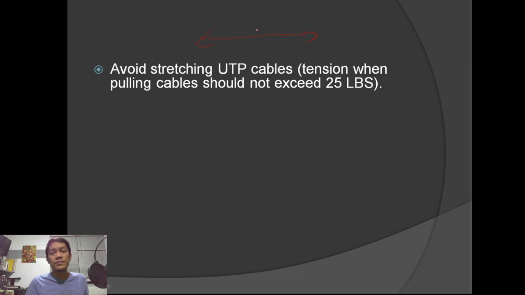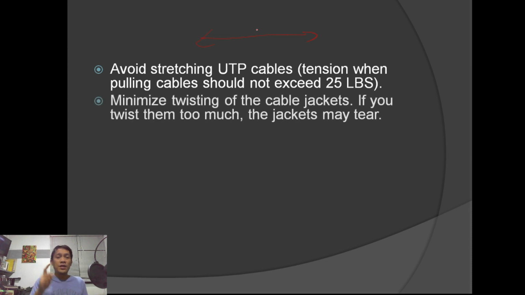Meron kang hindi masyadong batak yung cable mo, para kahit paano there's no possibility of putting so much stress especially inside the wire or the twisted pair. Basically, kung masyadong hatak, there's a possibility na maputol some of the twisted pair there. Always remember, do not stretch cable. So that's another guide.